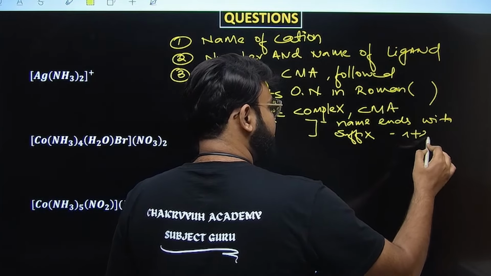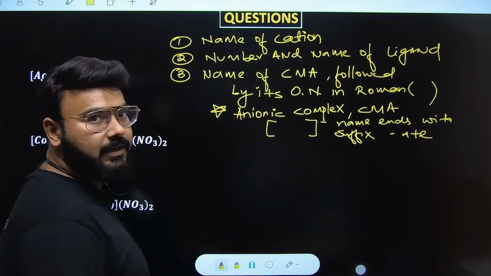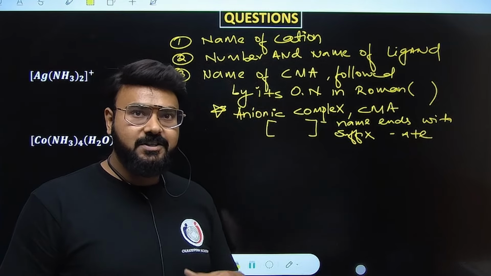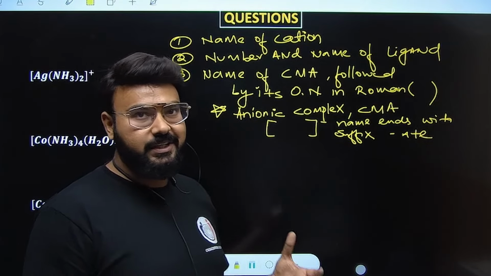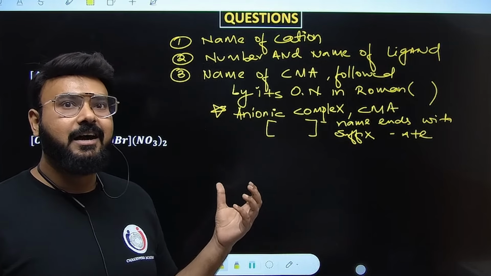A, T, E, you will add in the end. For example, when it's lead, you will say plumbate. When it's copper, cuprate. Silver, then you will write argentate.